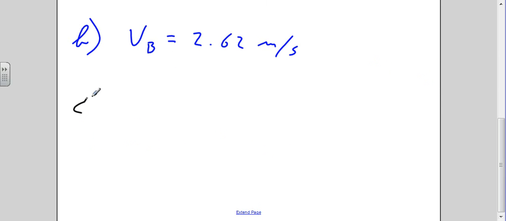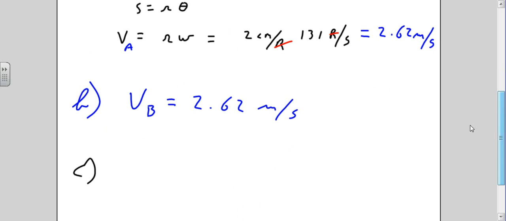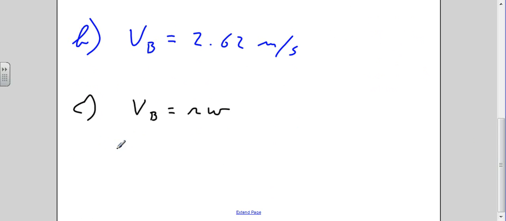Alright, so C. I said that velocity B is going to equal r omega. Okay, so I know velocity B, 2.62 meters per second. I know the radius would be 8.00 centimeters, which doesn't do me any good at all.